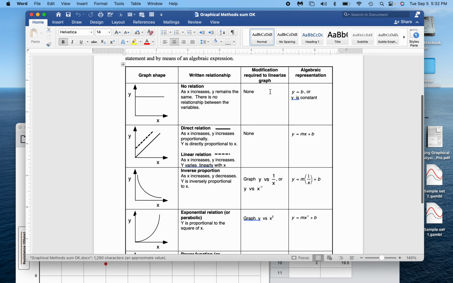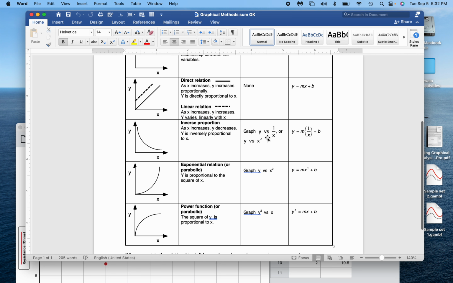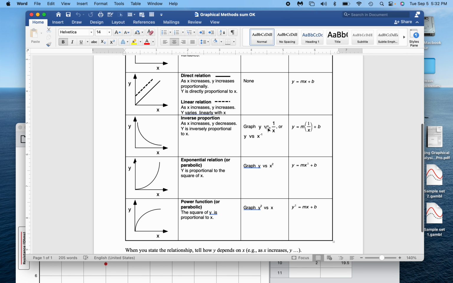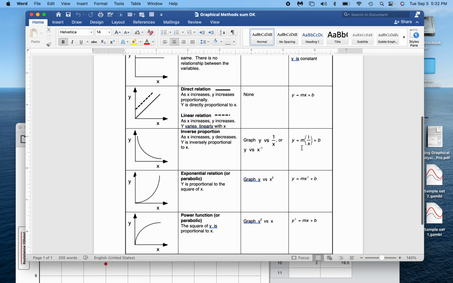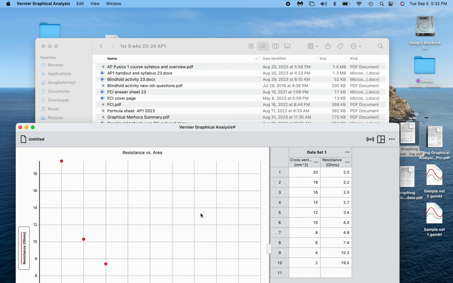So in order to linearize the graph, turn it into a straight line with a positive slope, I need to graph the y-axis variable versus 1 over x. Instead of y equals mx plus b, I'm going to have y equals m times 1 over x plus b. And that'll allow me to make a better prediction, because a straight line graph really can help you make a prediction.